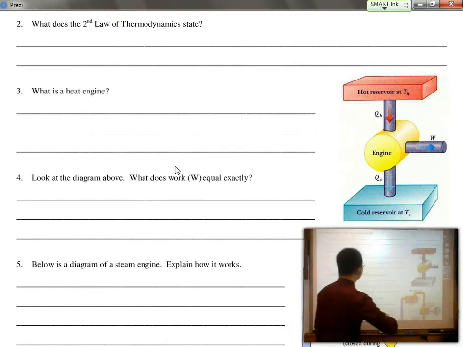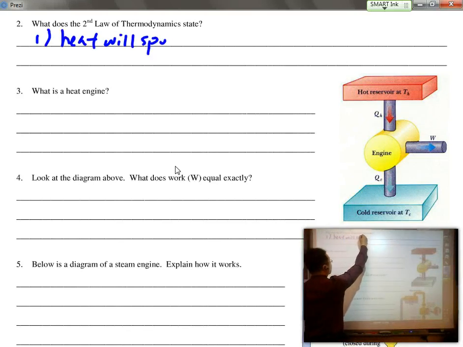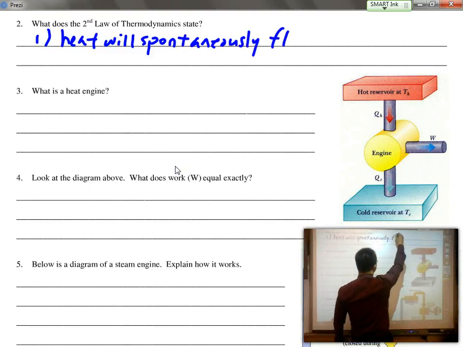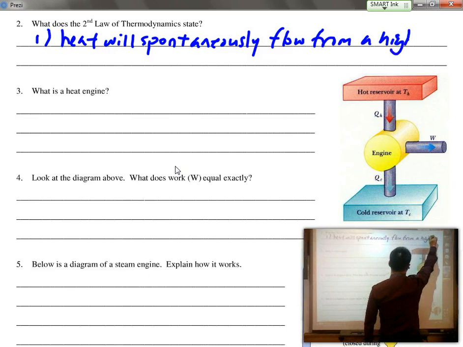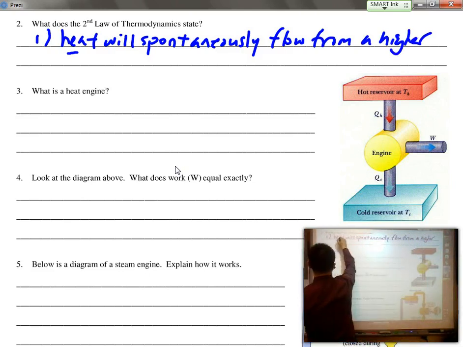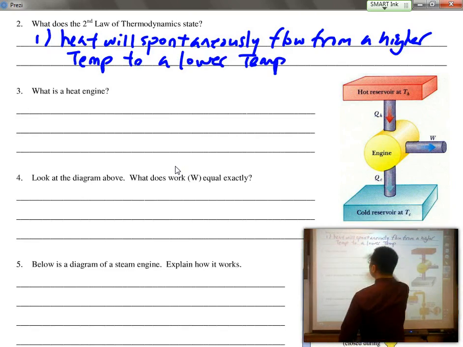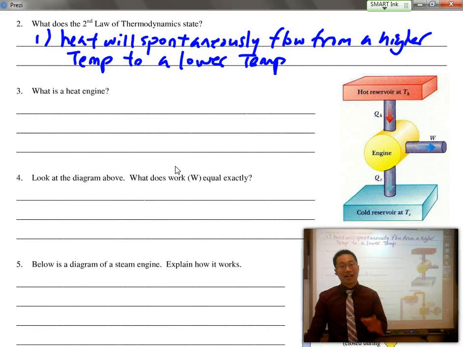The first point being that heat will spontaneously flow from a higher temperature to a lower temperature, and it cannot happen in reverse.